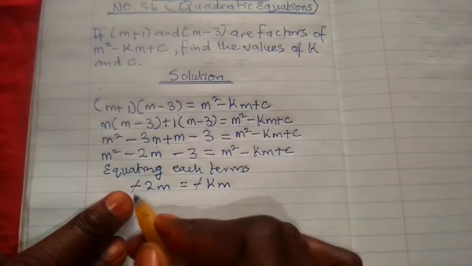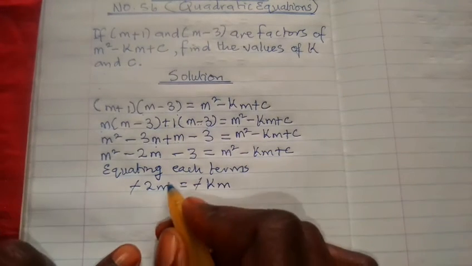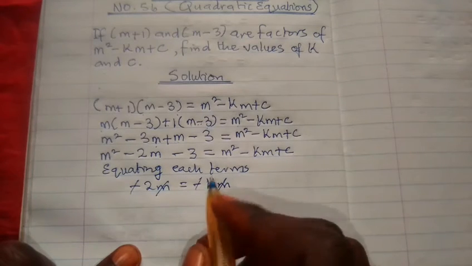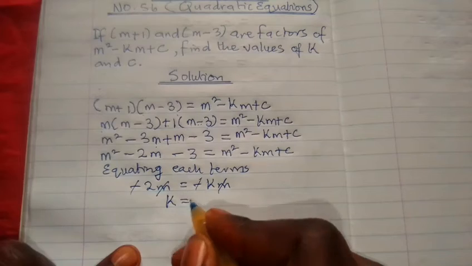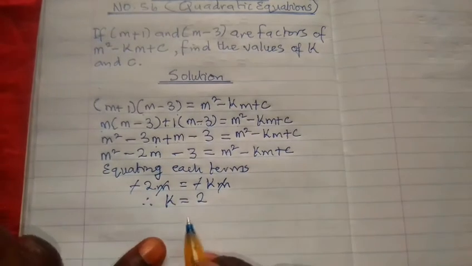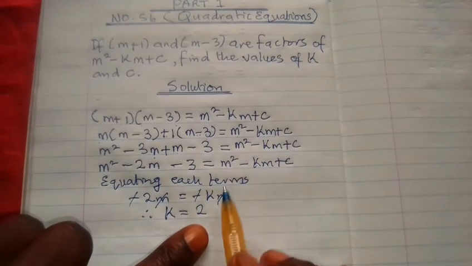The negative signs will cancel each other. There is an m here and also there is an m here, so the m will cancel out each other. You can see that on the right side we have k left there, then on the left side we have 2. That means the value for k equals 2. So we've gotten that value for k.